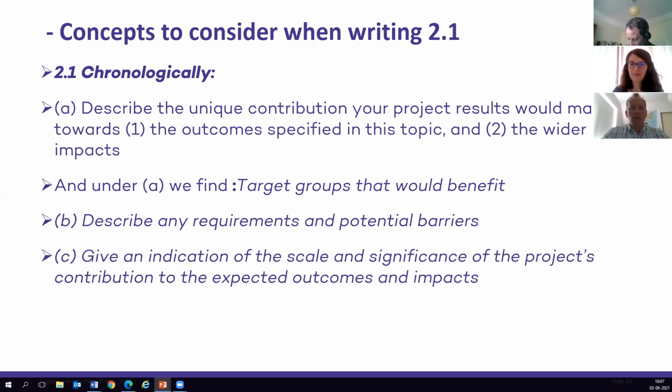And then under C, you give a quantified indication of that same expected outcome and impact. And in between, we find the requirements and potential barriers. So I would maybe, in some sense, write A, C, and then B. Could you comment on that?